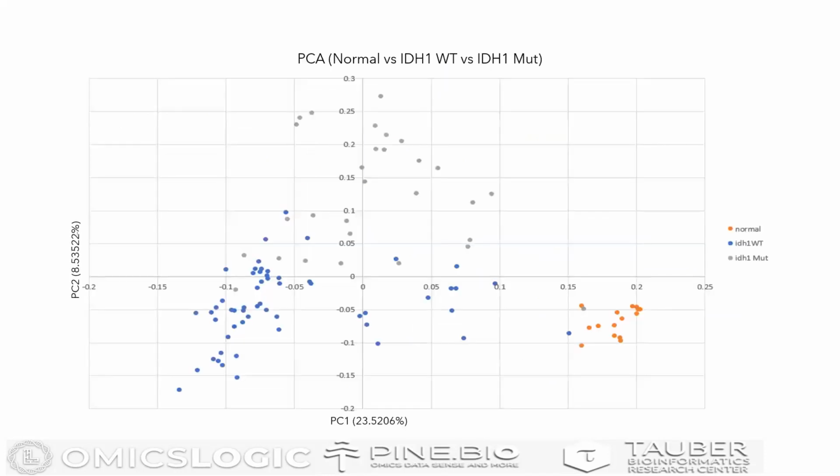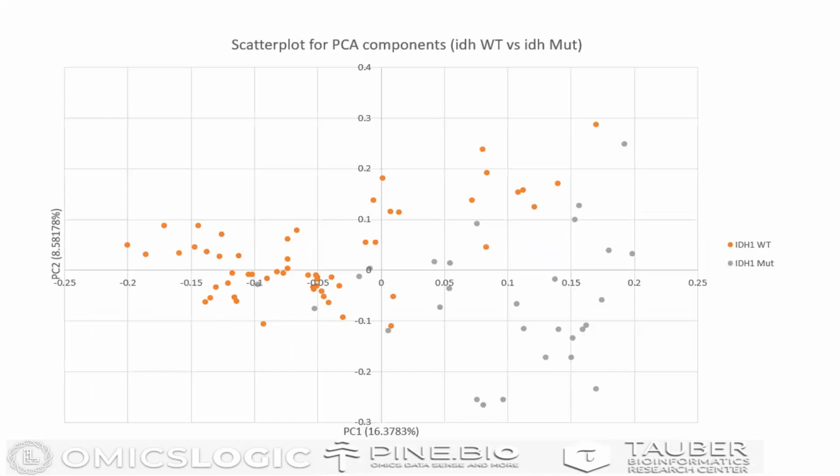So this was the first scatter plot I got from analyzing all the groups, consisting of normal tissue, IDH1 wild type as well as IDH1 mutant type. But I did not get a clear overview of the analysis, so I performed another analysis. This was the second plot I came up with after analyzing two groups, particularly IDH1 wild type and IDH1 mutant type.